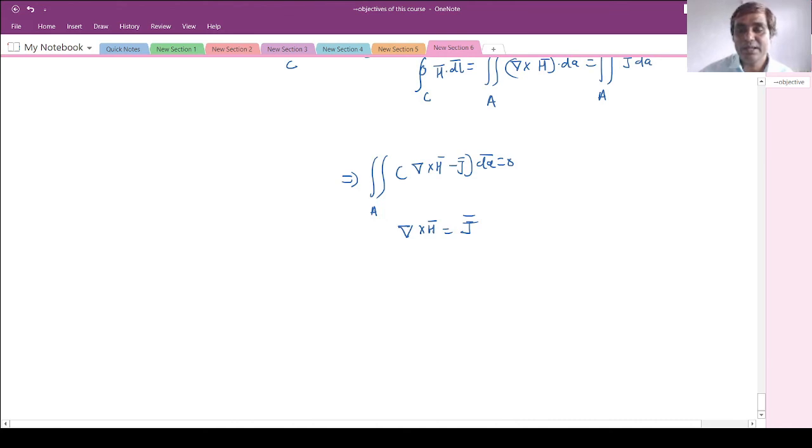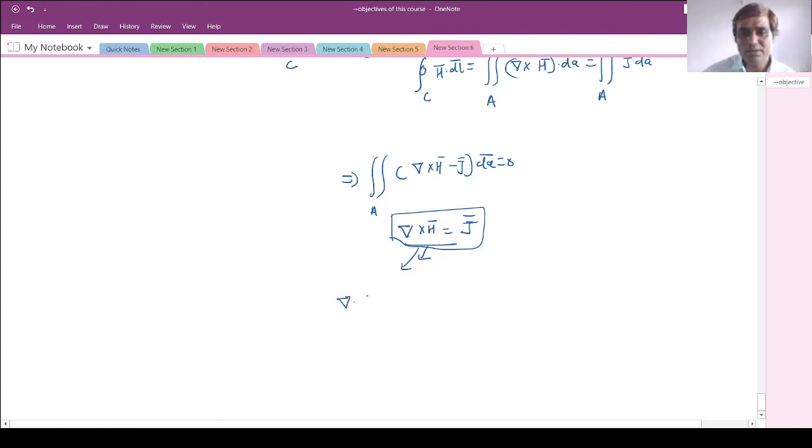However, Maxwell found some inconsistency in this particular Ampere circuital law. The inconsistency is that it doesn't satisfy the law of continuity. And what is the law of continuity?